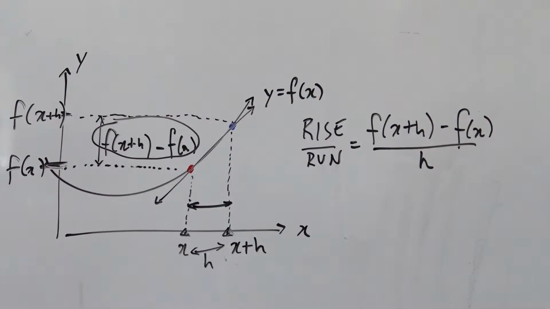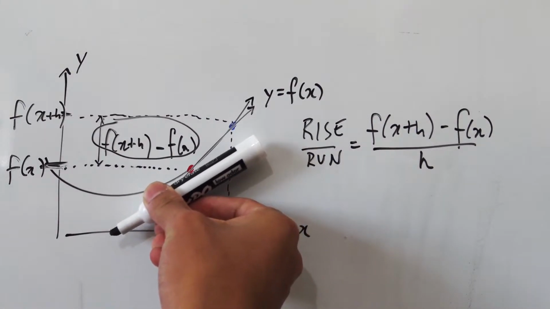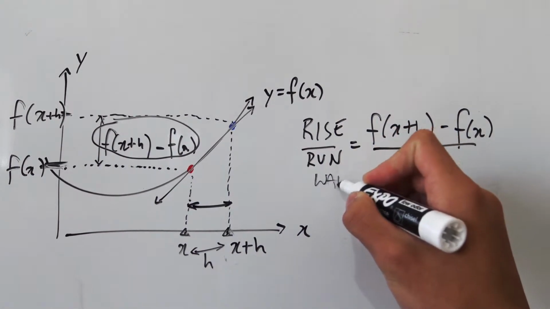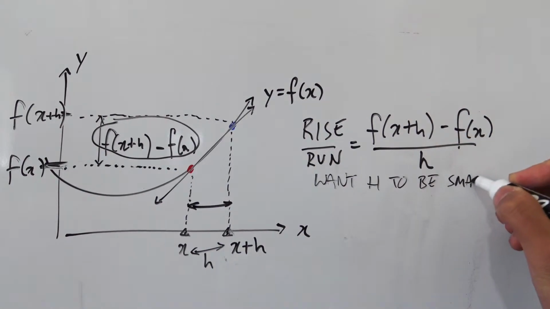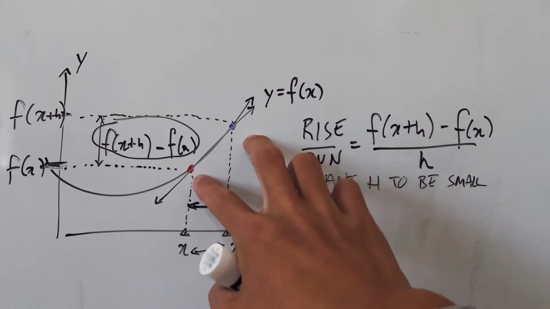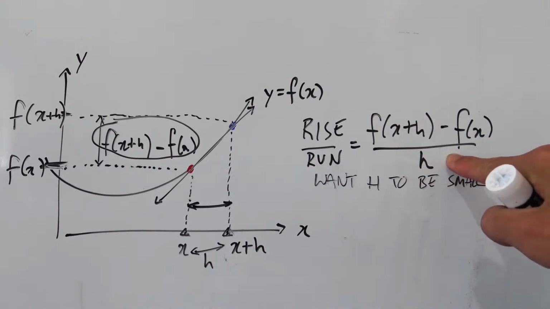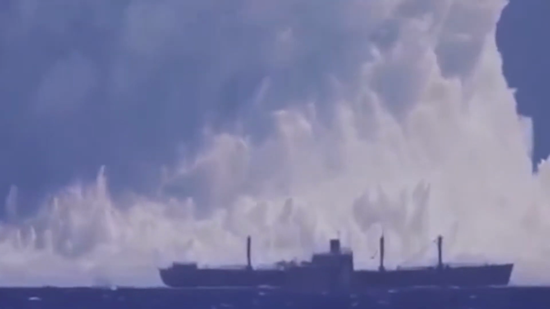But remember, the secant is just an approximation for the actual tangent line, which is this line right on the red dot that we wanted to find. So what we want is for our h to be as small as possible, and the smaller it is, the better. You may also notice that h can't be 0, because if you have 0 in the denominator, the whole thing breaks down, and that's not good.